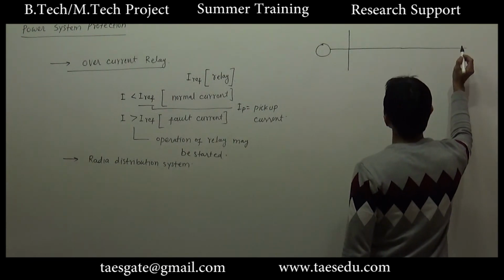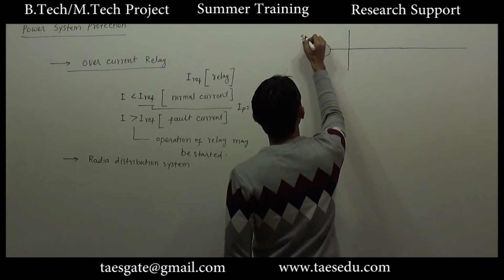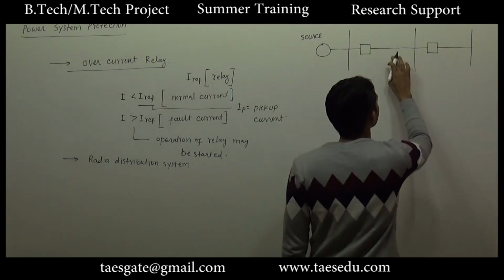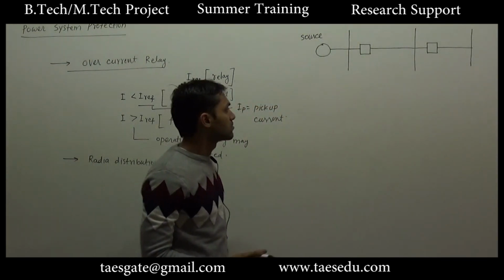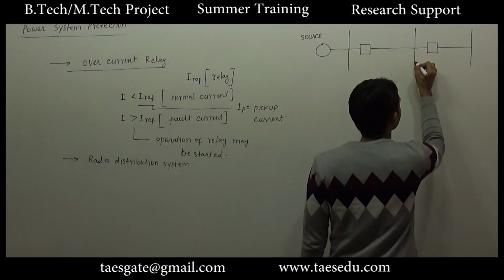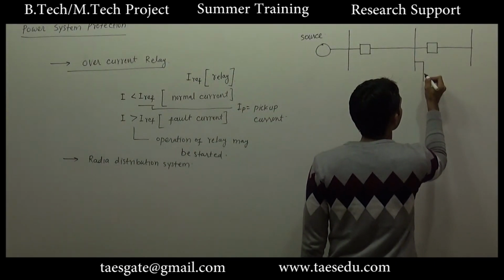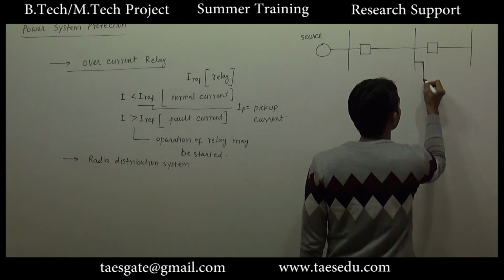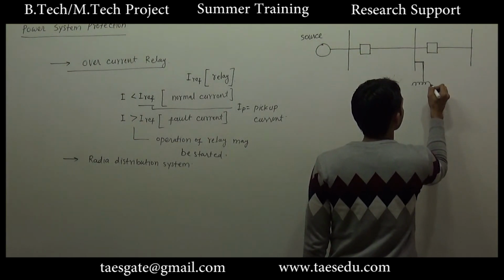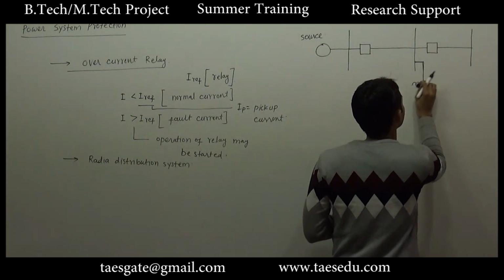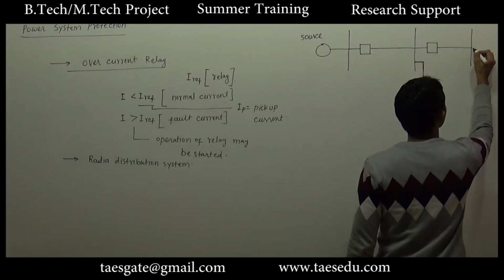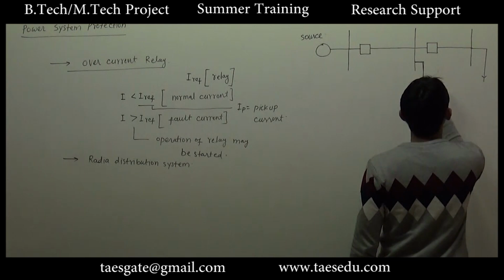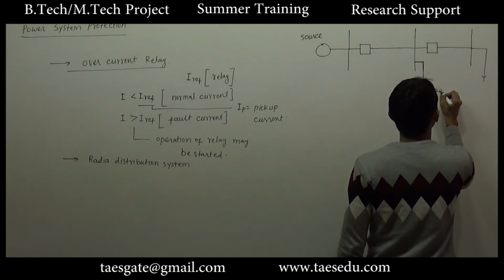So this is a feeder line, and this is the source. The feeder comes radially out from the source and feeds the primary of a distribution transformer, or we can directly represent the load here. This will go to the load.